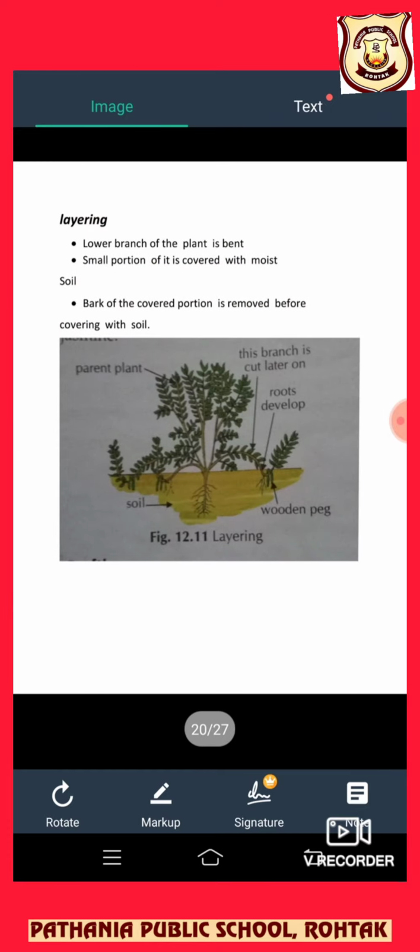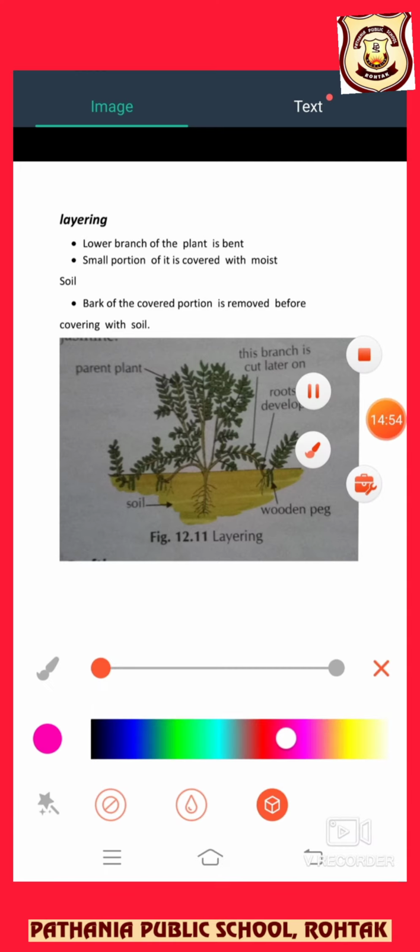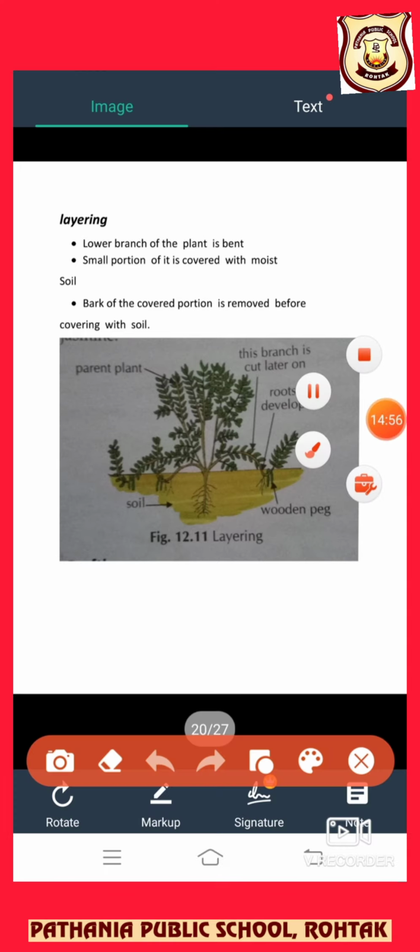Next step is layering. In layering, you can go with many plants; jasmine is possible, rose is also possible. So we'll go with the jasmine. Lower branches of the plant are bent. You can see it is bent over here, and a small portion of it is covered with moist soil.